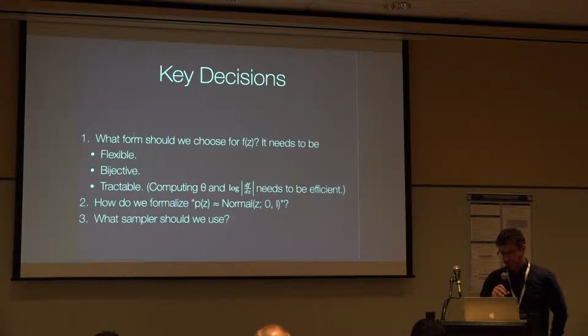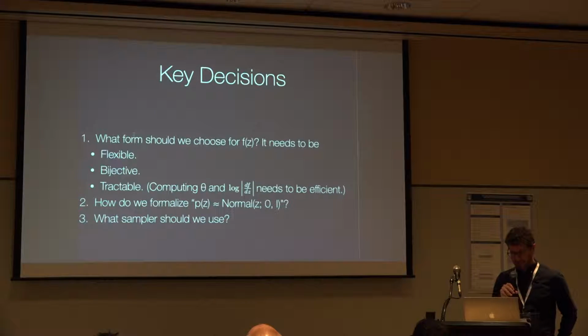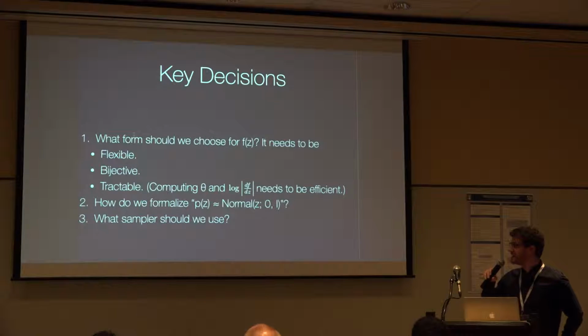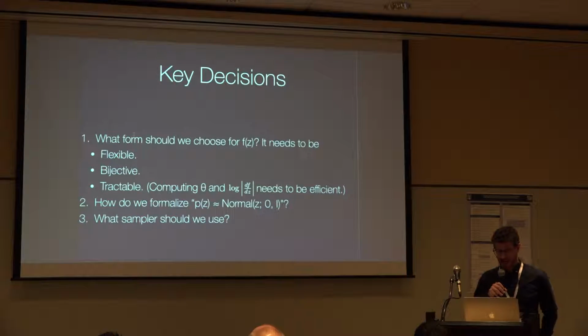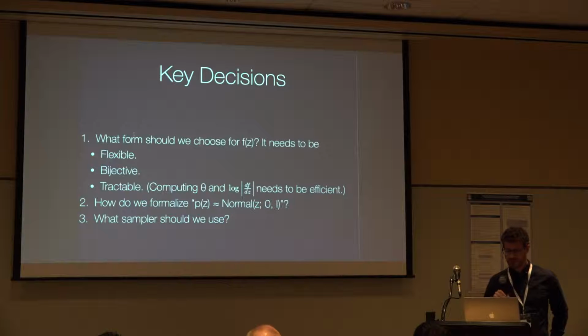So that's great, but there are some key decisions that matter a lot in terms of how effective the strategy is going to be, and that's really the point of this work: making some of these decisions. One question is, what form should we choose for this invertible mapping? It needs to be flexible, it needs to be bijective, and it needs to be tractable to compute the transformation and its log det Jacobian.